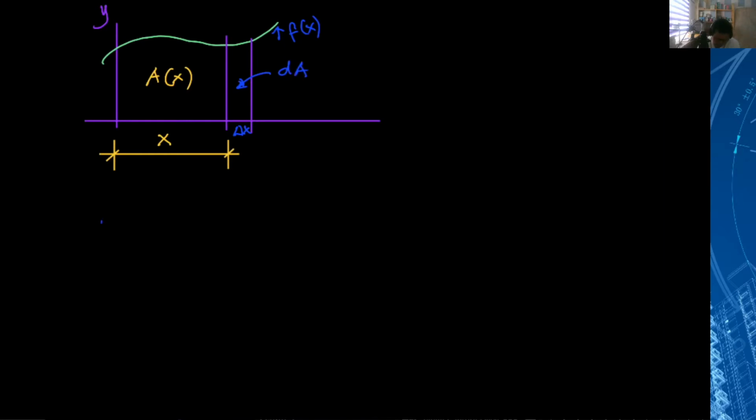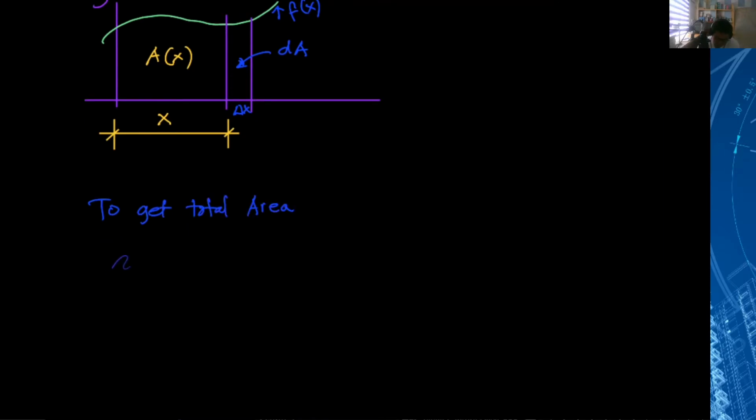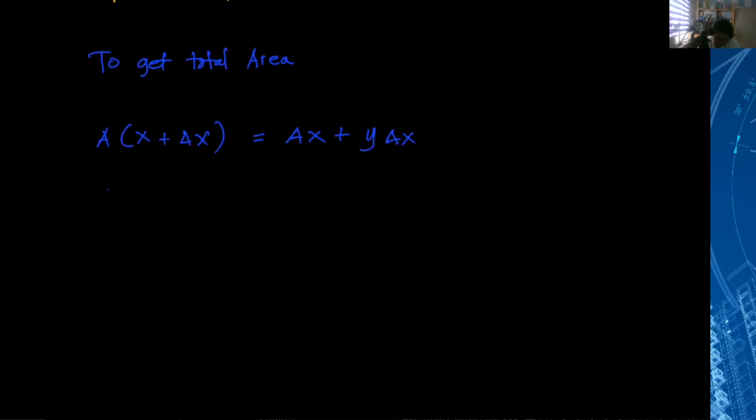To get the total area, this becomes A of x plus delta x, which is equal to A of x plus, what is the area of this? That is y delta x, because the height is y.